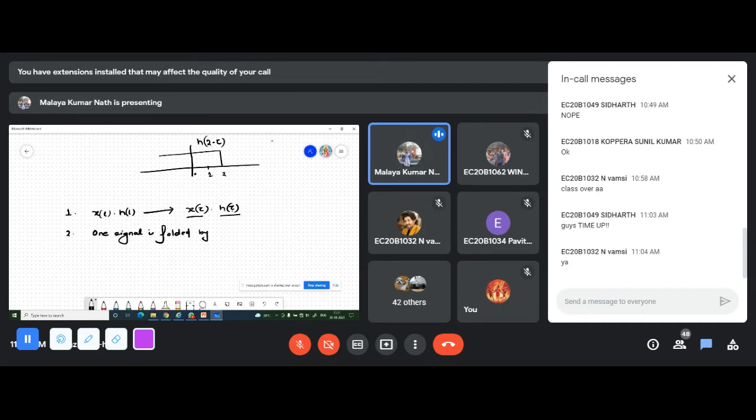Folded means rotated by 180 degrees. So in this case, we have rotated h of tau, so h of tau is rotated to h of minus tau. That means it is folded. Once it is folded, then what are we doing? We are multiplying the overlapping regions.